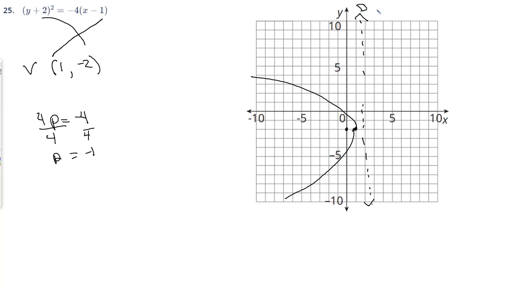It's my directrix, and that's at x equals 2. Axis of symmetry is y equals -2. Any questions on any of those?